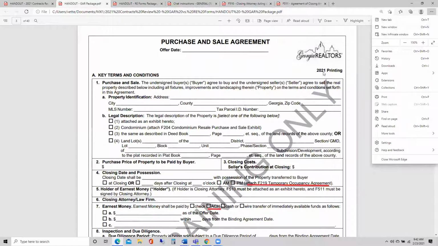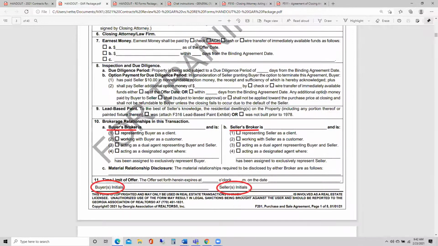See how this says 2021 printing? And down at the bottom, you'll know if it's the initial release of the contract or the mid-year, because it will say if it was changed mid-year. See how this says 1/1/21? If it was revised mid-year, it would say something like 5/1/21.